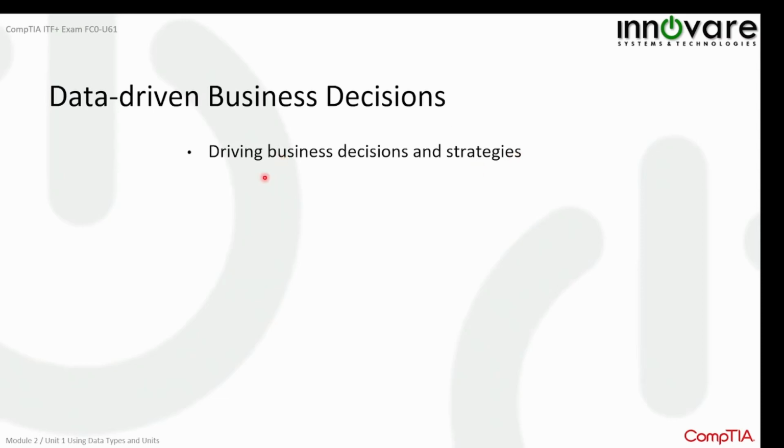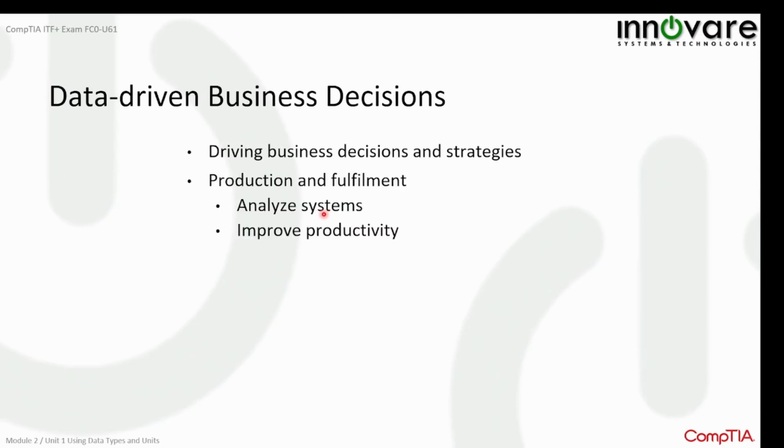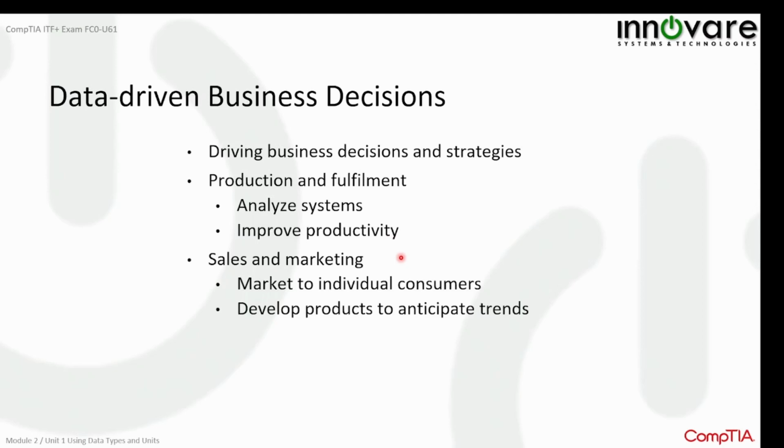Especially if the data is recent, it plays a very crucial role in making decisions. Even us, right? When it comes to production and fulfillment, data are used to analyze, and the same data are used as a reference for improvement and productivity.